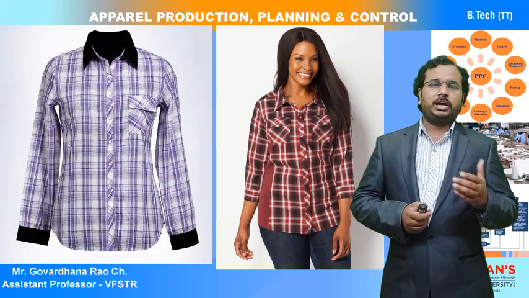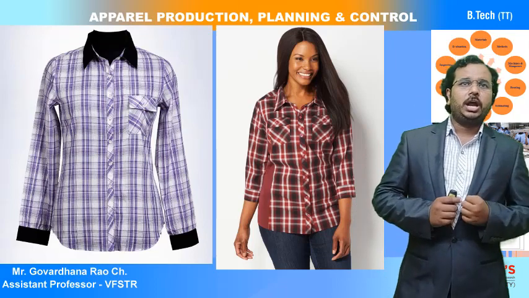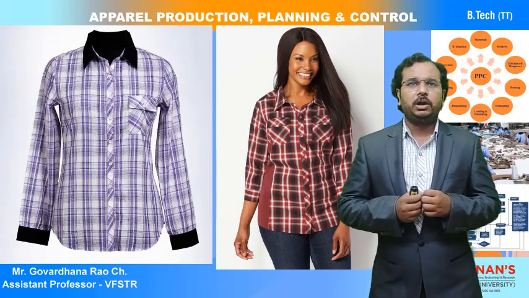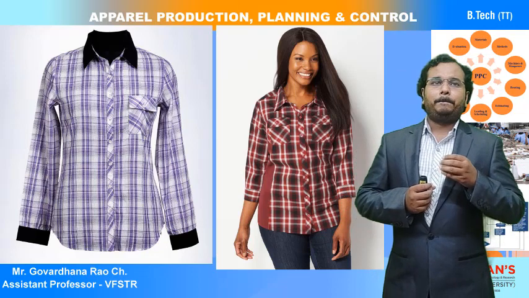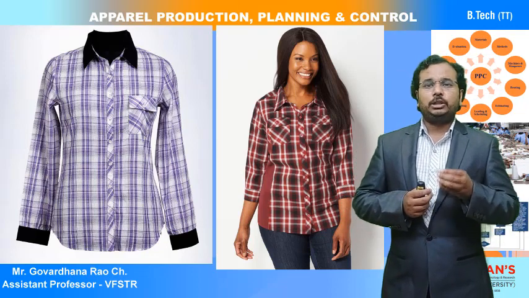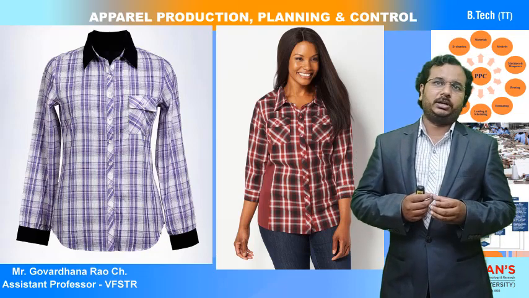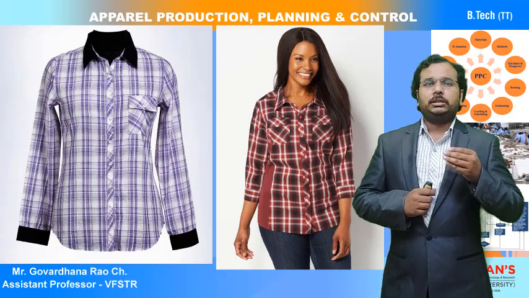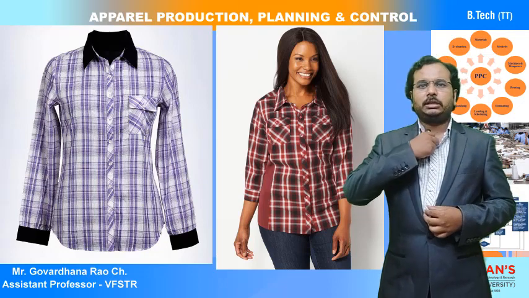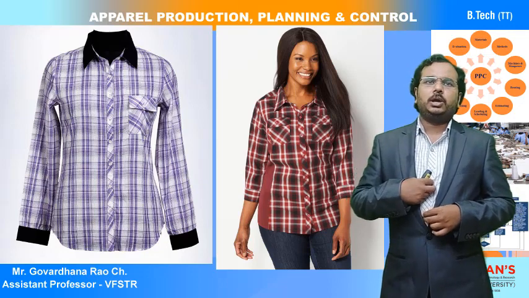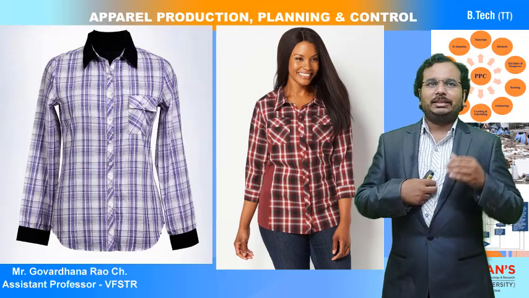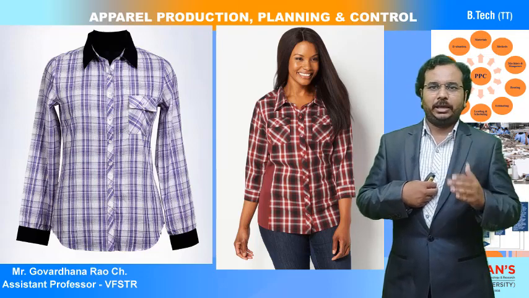You can observe the two images I have shown here, and specifically observe the plackets and the pockets of the garment. You see that on the button placket, the checks are at an angle.